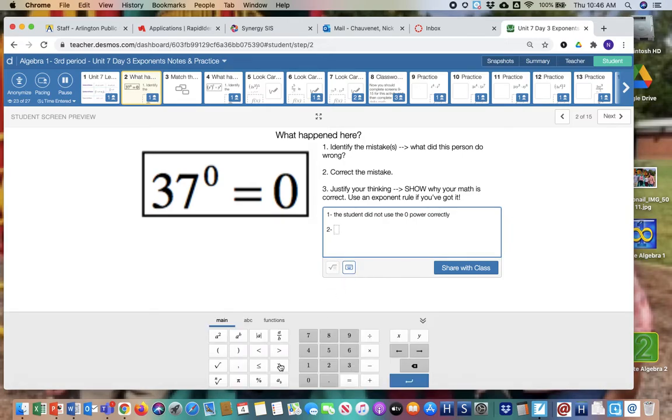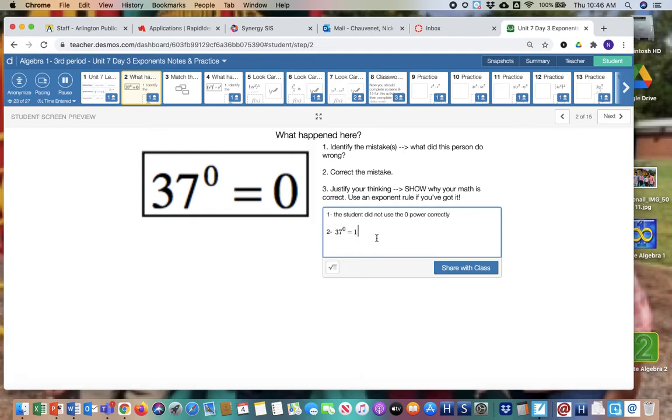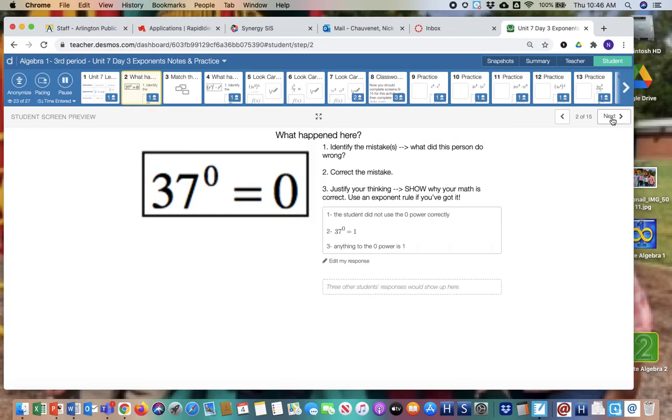Let's type in our 37. So here we go, 37 to the 0. Well, what's anything to the 0 power? Anything to the 0 power is 1. And then justify your thinking. Well, what we just said: anything to the 0 power is 1. Okay? All right, so that's what you're looking for there.